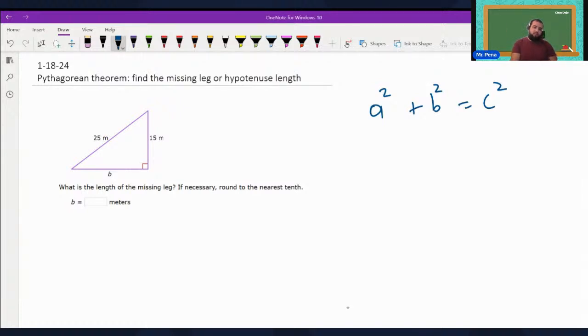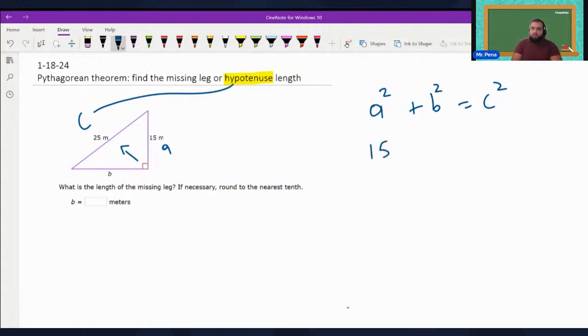Basically, this is the A side, this is the B side, because you see the right triangle. And then this over here is the side that is called C. We call that the hypotenuse. You see the word that's there in the title? That's what that is, the hypotenuse. It's that longer edge side that's facing the right triangle.